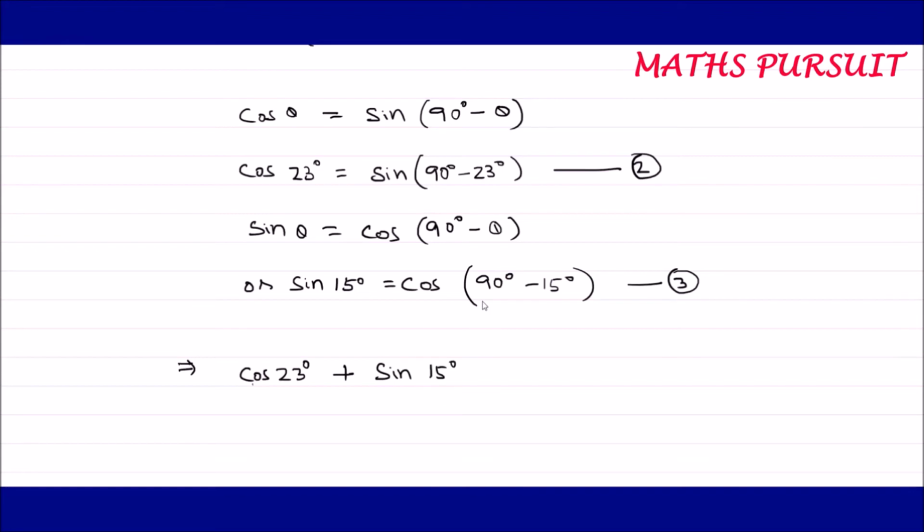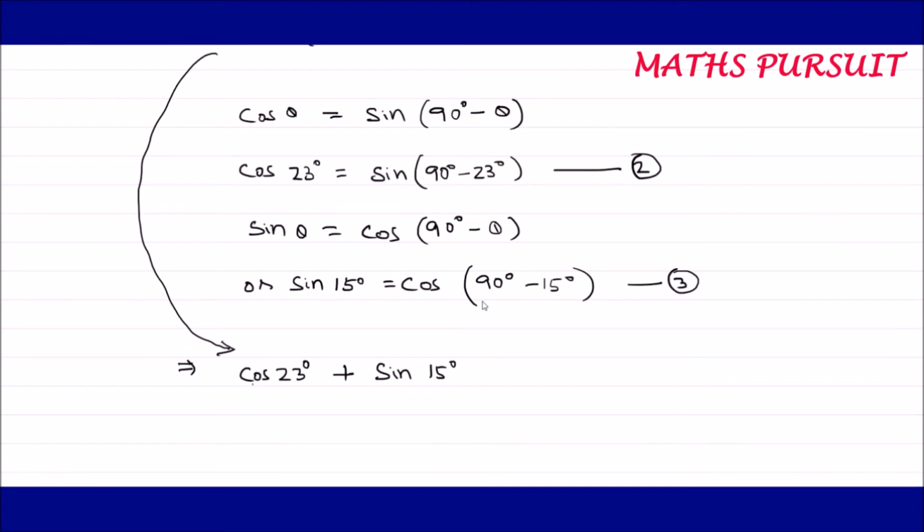Equation number 1 has sine 90 degree minus 23 degree, replacing it with cos 23 degree from equation number 2. Similarly, replacing cos 90 degree minus 15 degree with sine 15 degree from equation number 3.